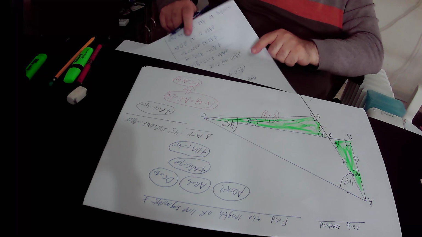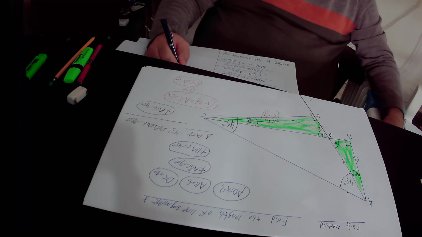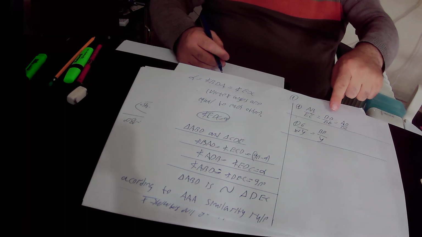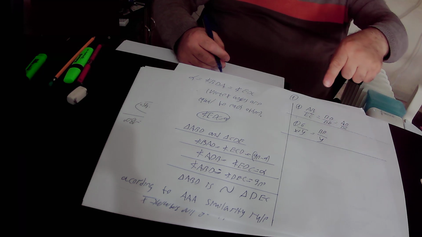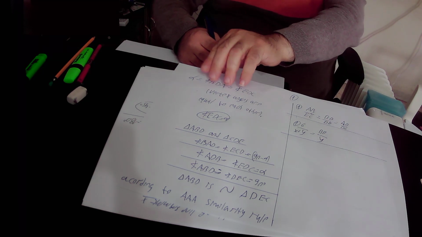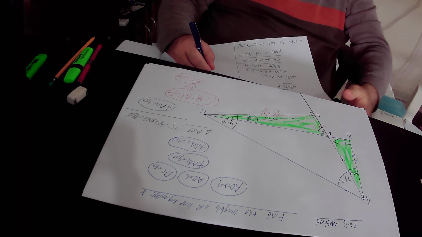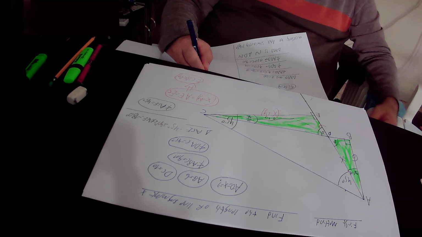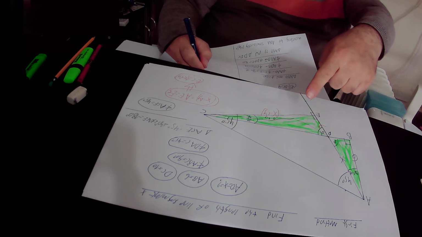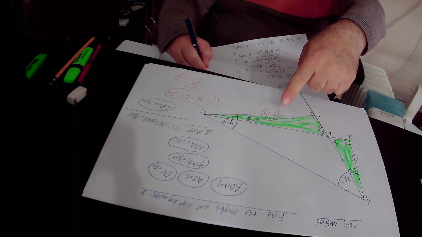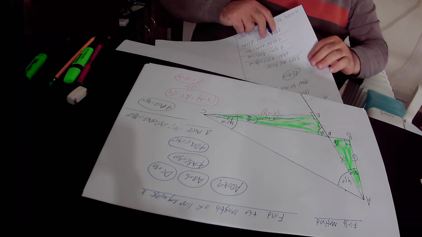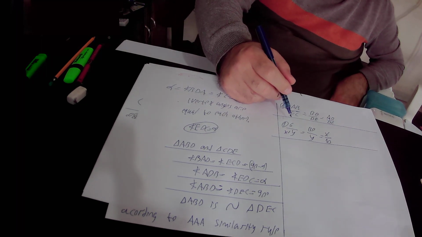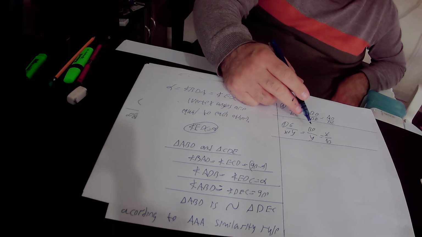DE equals Y according to our definition. It is equal to BD over DE, that is Y, and it is equal to AD, AD equals X according to what is given in the question, over DC. DC equals 10 units according to what is given in the question. So in conclusion, according to equation number 1, 6 over X plus Y equals BD over Y equals X over 10.